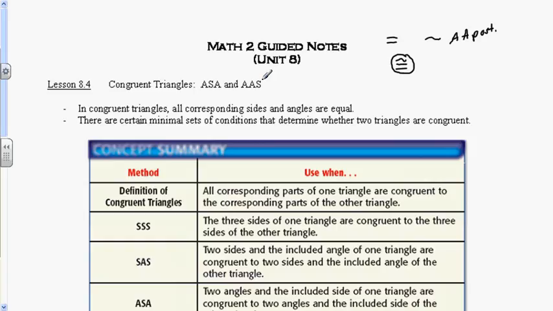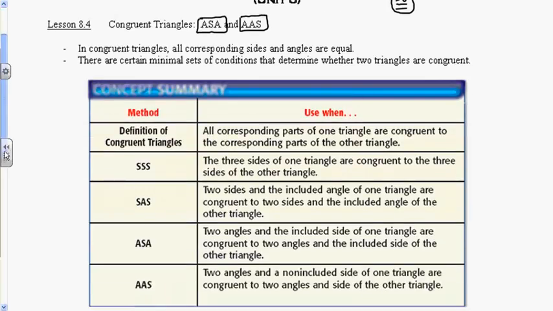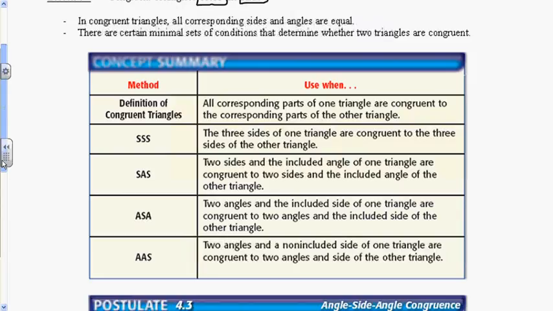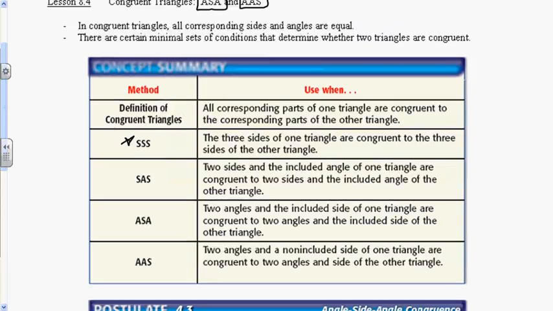The first two things we'll learn in this lesson anyway are angle side angle and angle angle side. Now below are all of them. We have side side side. Okay. We have side angle side, angle side angle, and angle angle side.